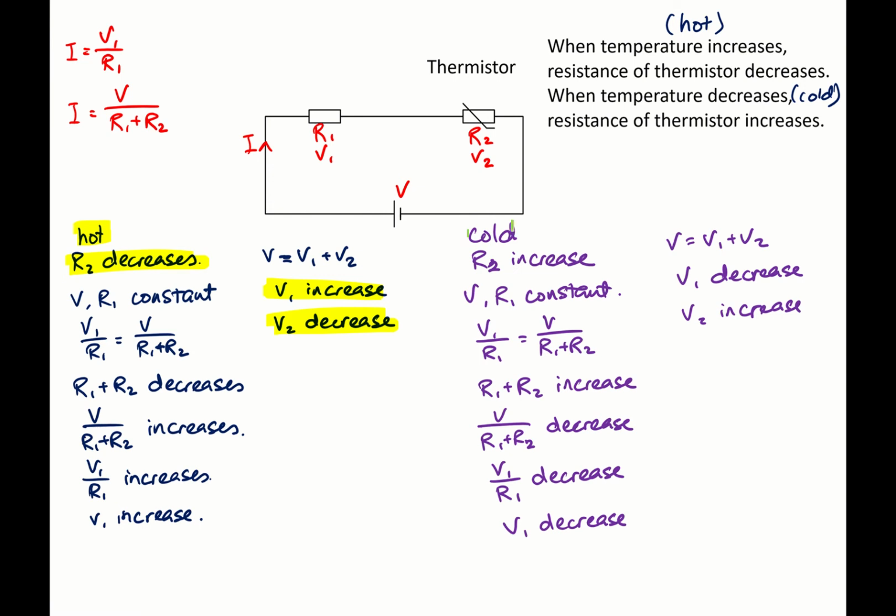So you see here, when it's cold, R2 increases, V1 decreases, V2 increases. I say again, analyze step by step, and eventually lead to the conclusion.